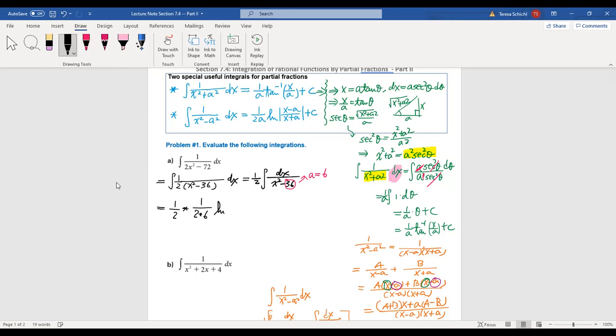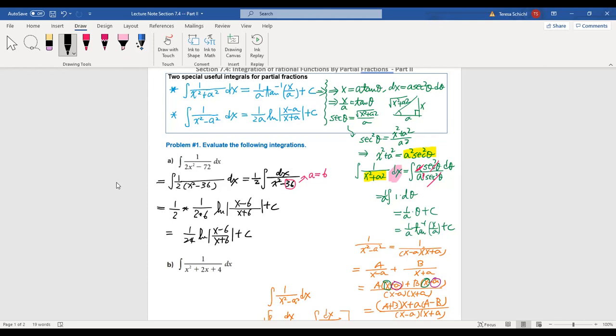Now here I have the natural log of (x minus 6) over (x plus 6), plus c. So it's 1 over 24 times the natural log of (x minus 6) over (x plus 6), plus c here.